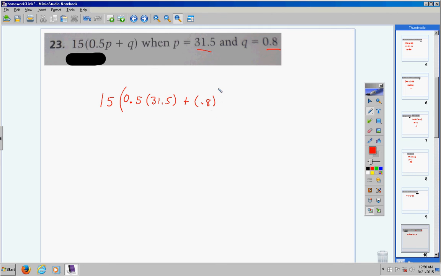Now here's how I would recommend you use your calculator. I would just simply bring down the 15 and put a dot here for multiplication, because the 15 is right next to the parentheses. I would take your calculator and I would type into it 0.5 times 31.5, and then hit plus 0.8, and you will get 16.55.